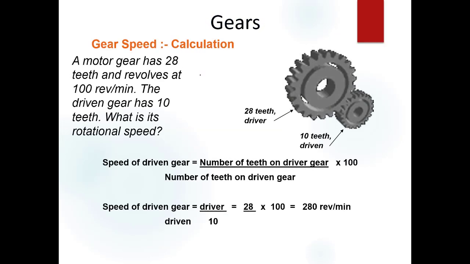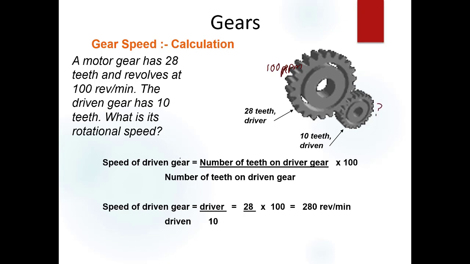Now, here is the calculation. To calculate the speed, and this is a very common question you get asked in exams, the motor gear here is 28, this has 10 teeth. You're told that this is turning at 100 RPM. What is the speed of this gear?